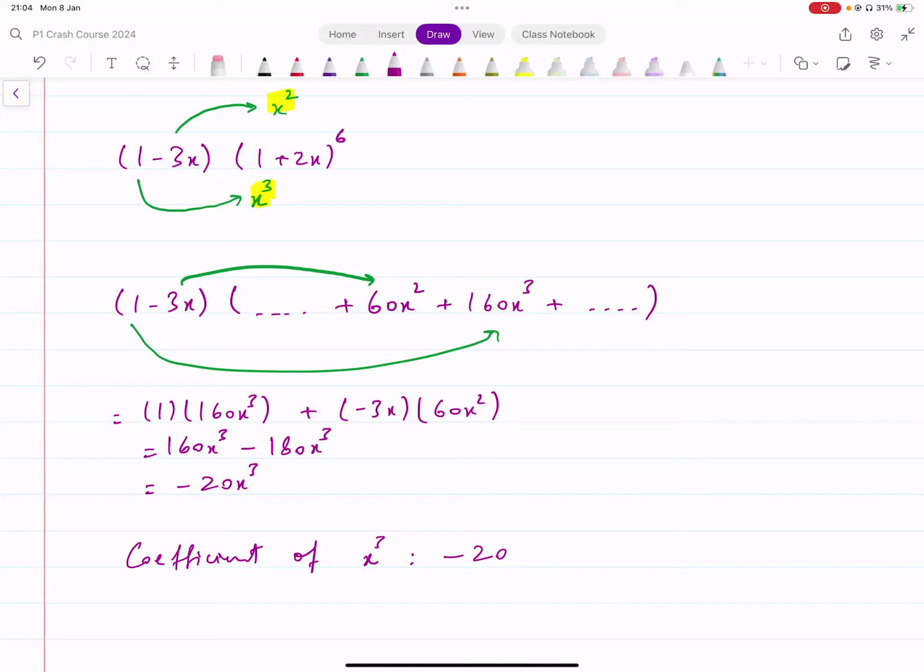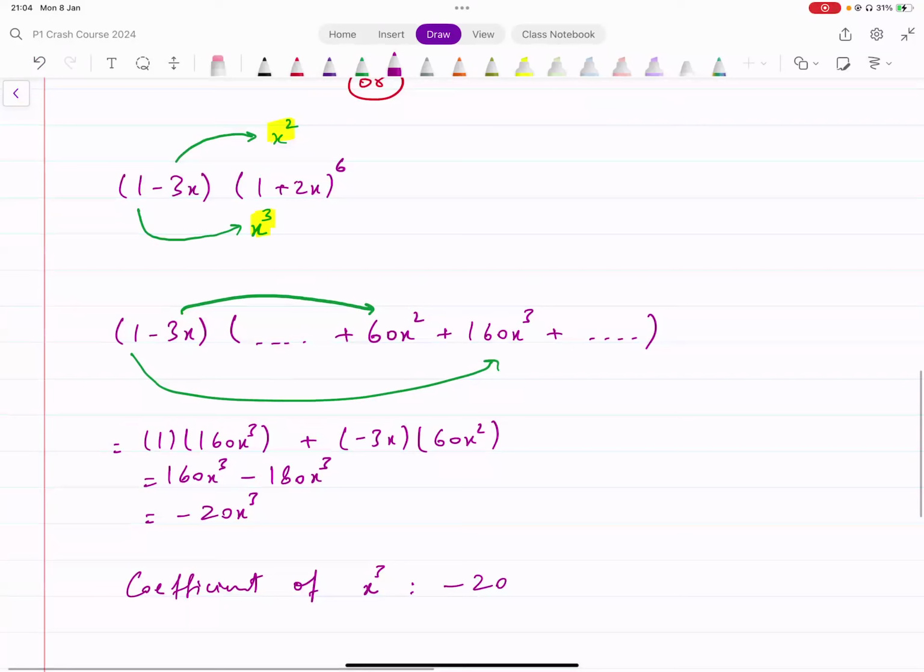So this is another idea that you can use here, that you can ignore the terms that you know you do not need. So you first figure out which terms you're going to need from this expansion. Just focus on those terms. Forget about the rest of the terms. Does that make sense to everyone?